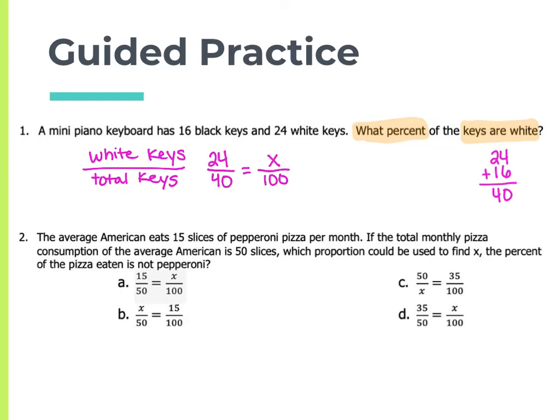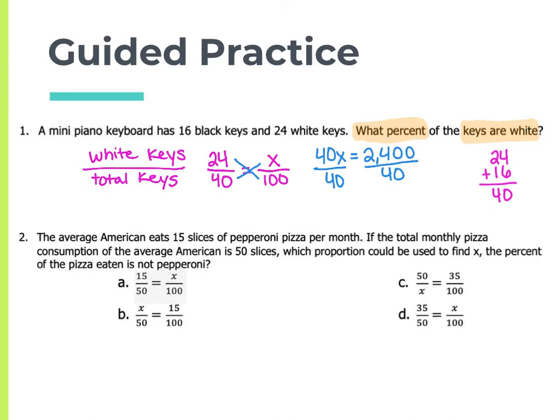So now we have set up our proportion, and we can cross multiply to solve. 40 times x is equal to 24 times 100, which is 2,400. Next, we can divide on both sides by 40 to get x by itself.